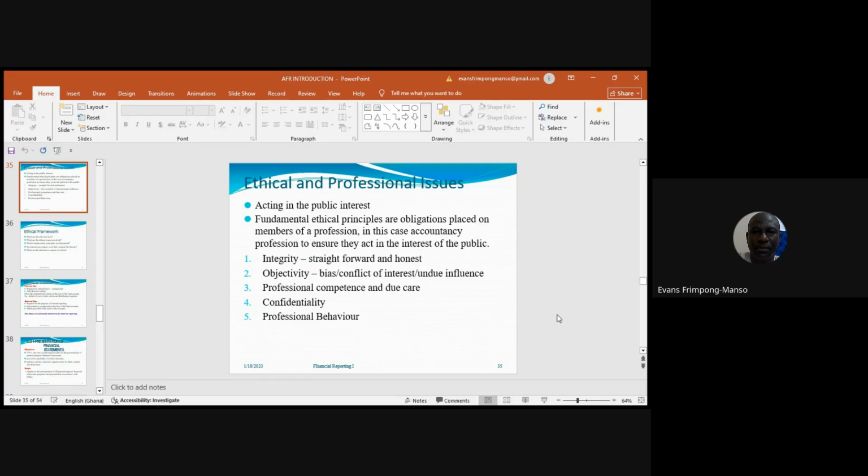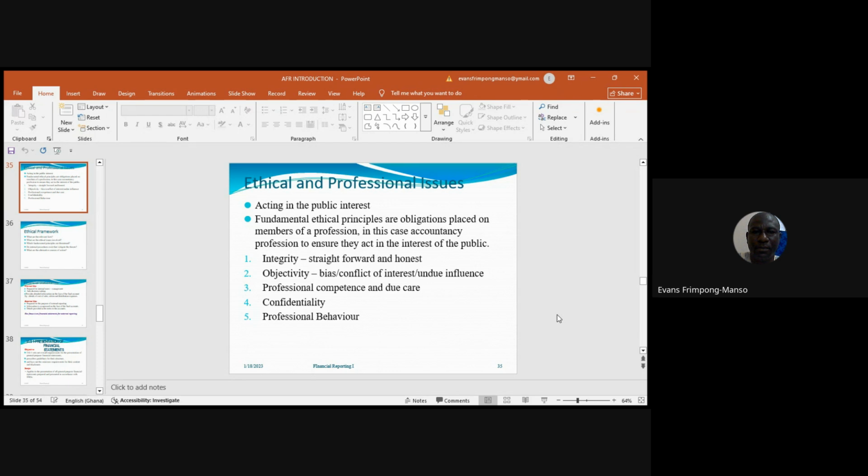So the principle of confidentiality will enjoin the accountant not to disclose information that he does not have authority to disclose. He cannot disclose information that he has no authority whatsoever to disclose.